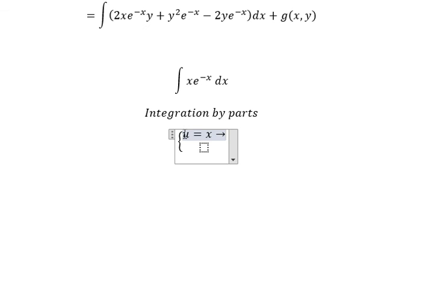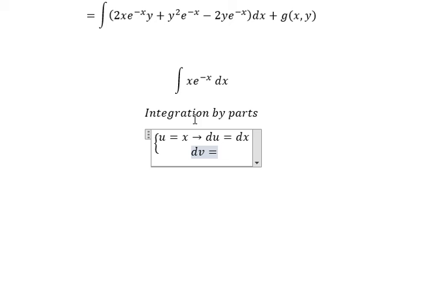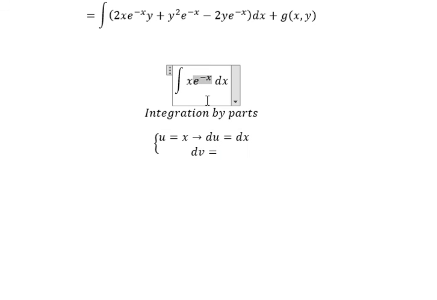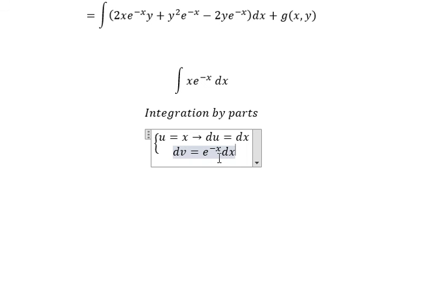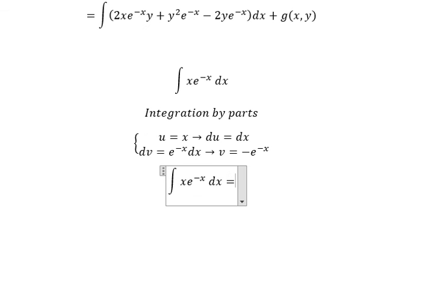Later that, we need to do first the derivative for the both sides. dv that is about this one. The integration of this one, we have negative e to the power of negative s. So we have u multiplied by v minus the integral of v du.